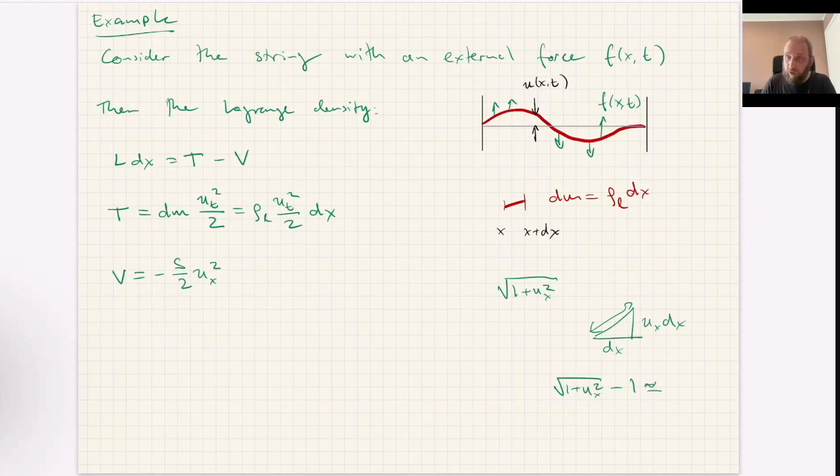So for small oscillations, that's just approximately ux squared divided by 2. And then the energy due to that is this, right? Sorry, that should be a plus. And then the additional energy due to the force, so that's plus F times the displacement itself. That's the potential due to the force.